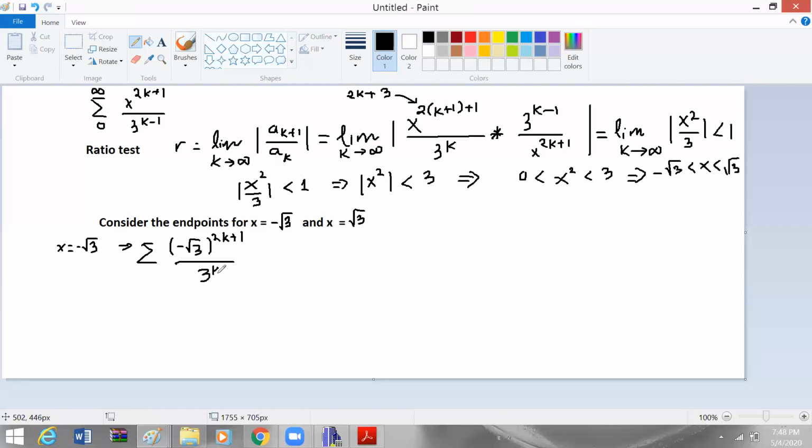Remember, the series for the endpoint should be very easy. It can't be really complicated terms in this example.